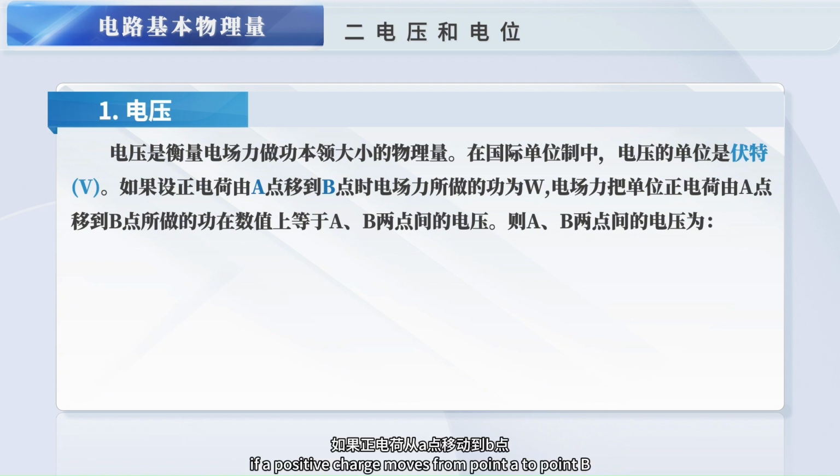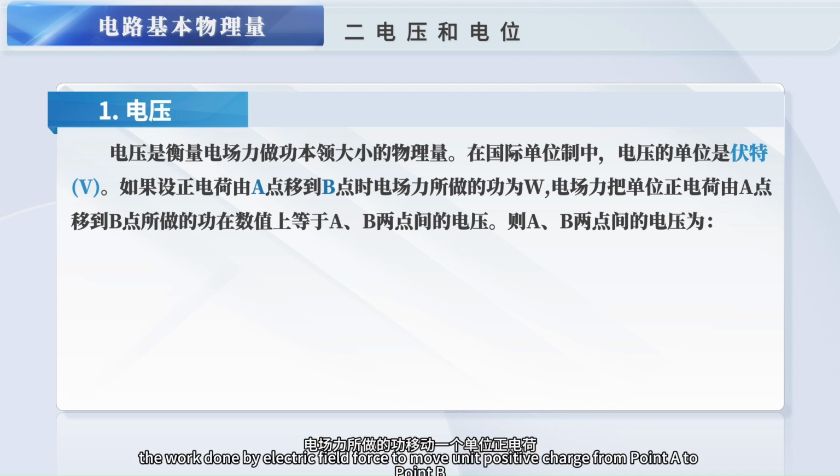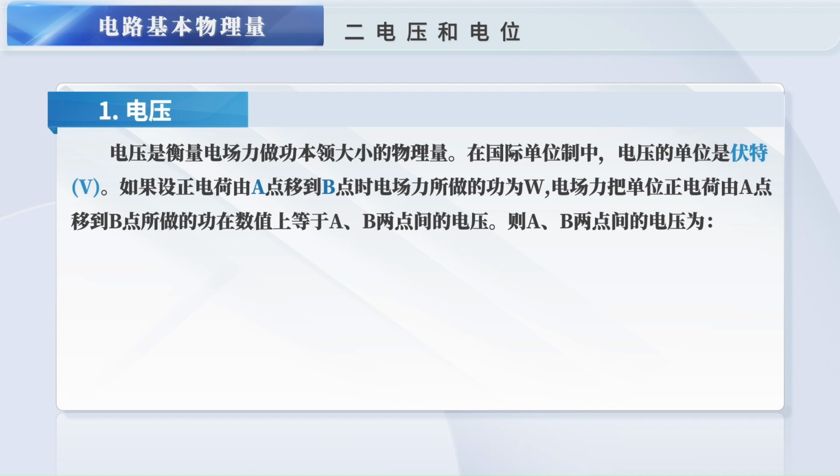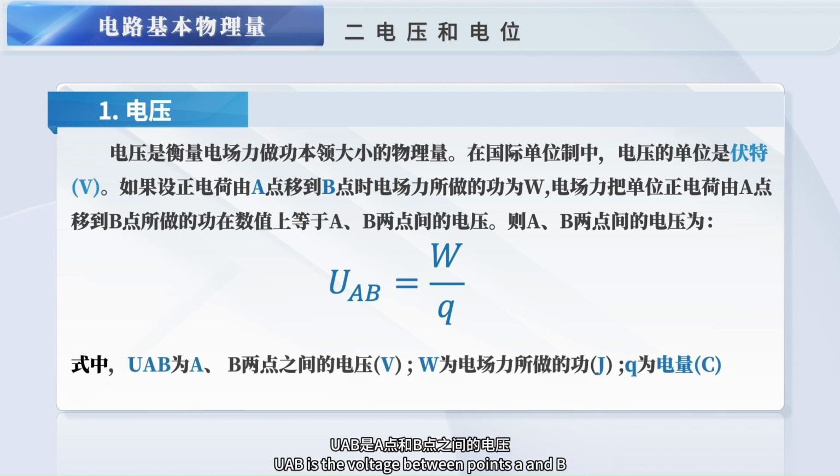If a positive charge moves from point A to point B, the work done by the electric field force is W. The work done by the electric field force to move a unit positive charge from point A to point B is equal to the voltage between point A and point B. Then the voltage between A and B, UAB, is equal to W divided by Q. In the formula, UAB is the voltage between points A and B, W is the work done by the electric field force, and Q is the electric quantity.